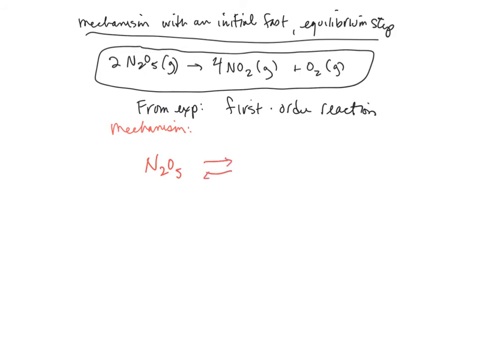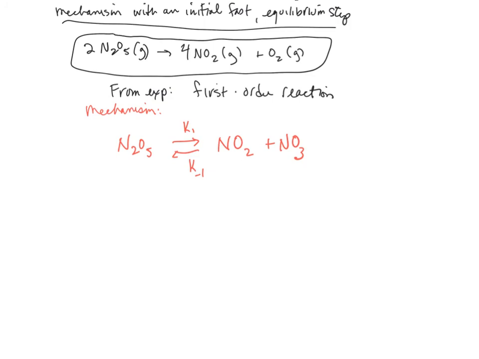And we can let this be an equilibrium step. We're going to have K1 associated with the forward reaction and K minus 1 associated with the reverse reaction. The product of the forward reaction is NO2 plus NO3. So we're going to specify here that this is fast and there is an equilibrium.